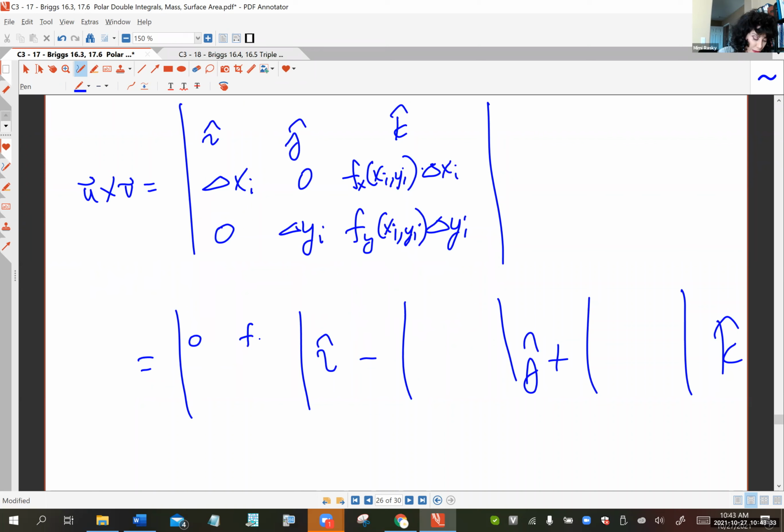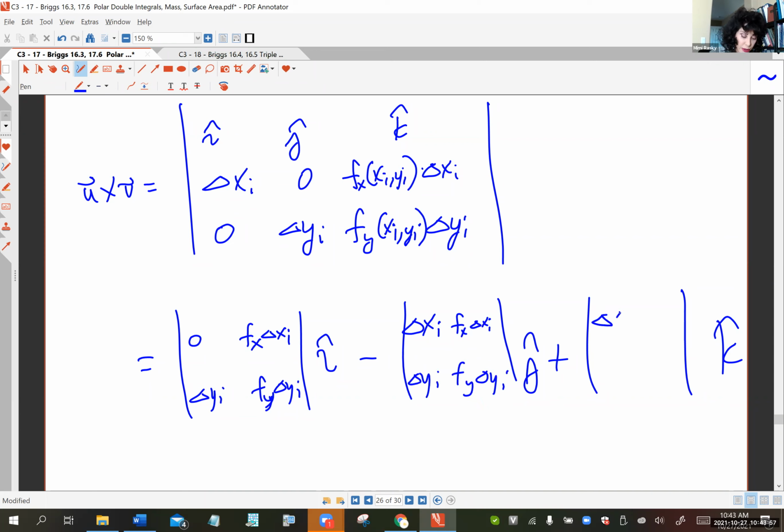I'm going to do a little bit of abbreviation here. Fx times delta x sub i, delta y sub i, fy, delta y sub i. This one here is going to be delta x sub i, 0, Fx, delta x sub i, delta y sub i, fy, delta y sub i.